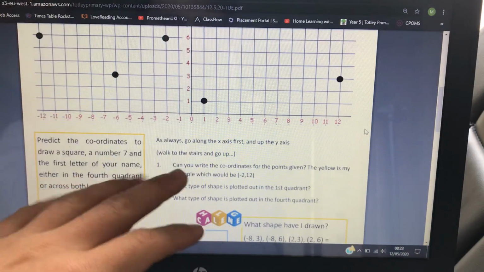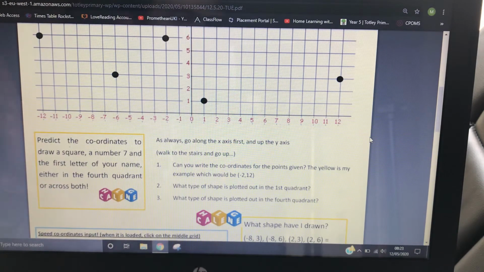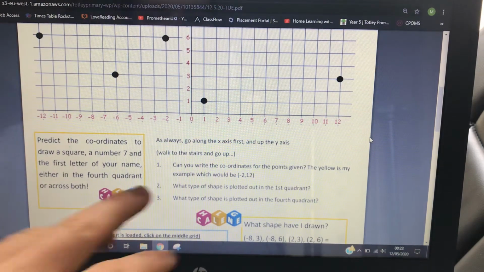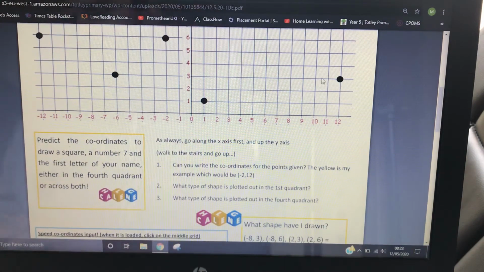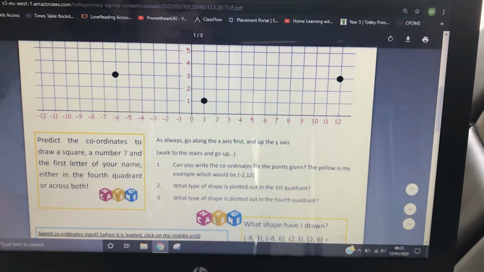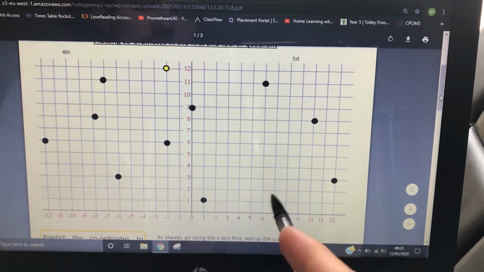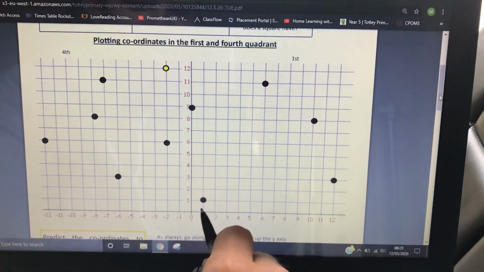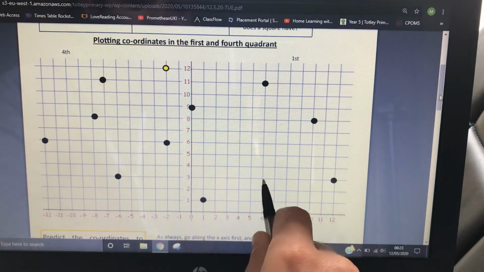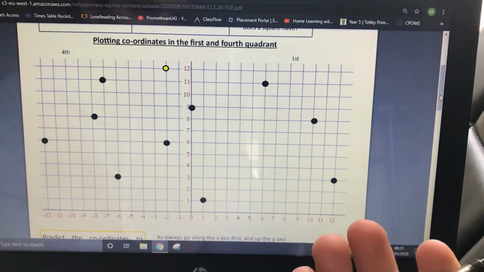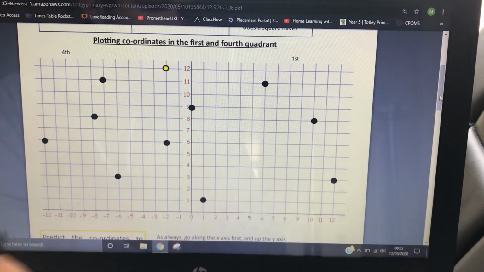So, most of these questions are the same as yesterday on purpose, to do the same skill, but just in another quadrant. So, it is still going along the x-axis first. So when you use this, so yesterday you've gone, oh, okay, so this is 6, 3, lovely. You still do that. You still go along the x first, okay?